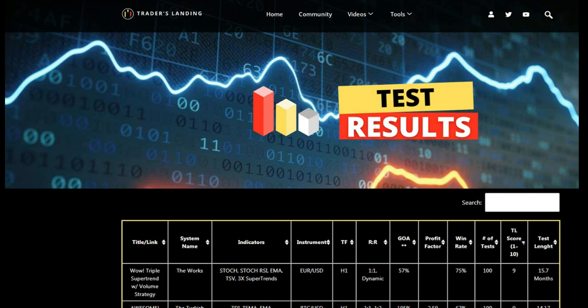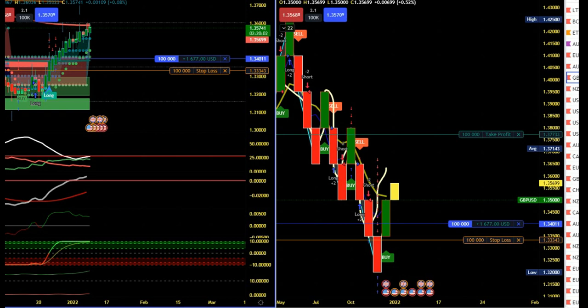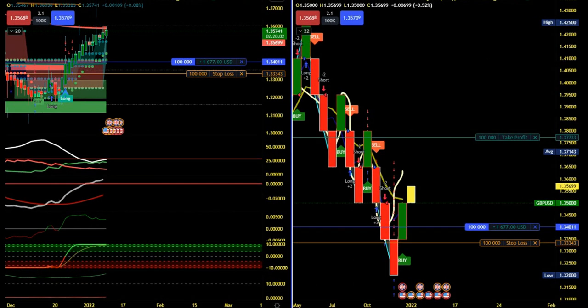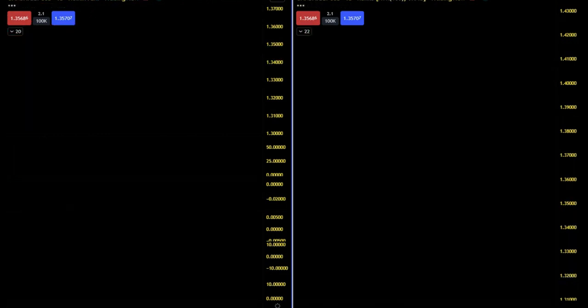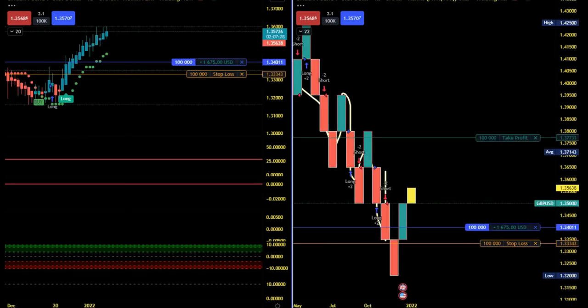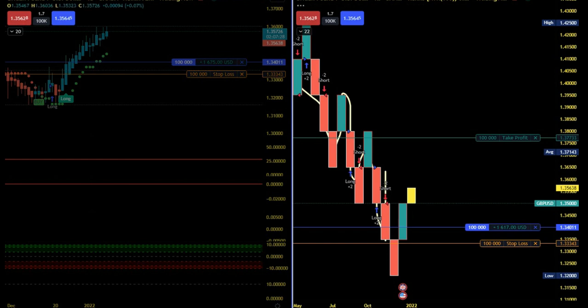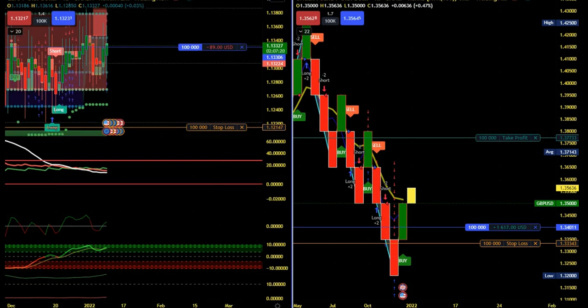One of my accounts was at around minus 54%, because I'm not using only Renko, also other strategies. And with this one, in a couple of weeks, I was up to plus 75% from minus 54%. So that's really, really amazing.